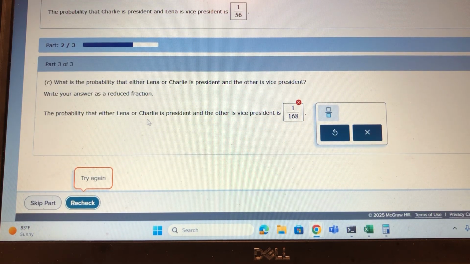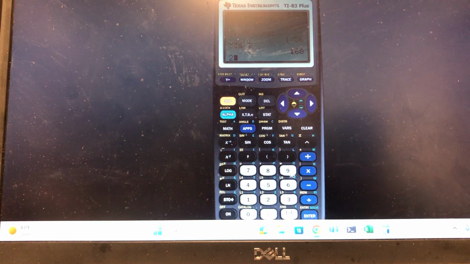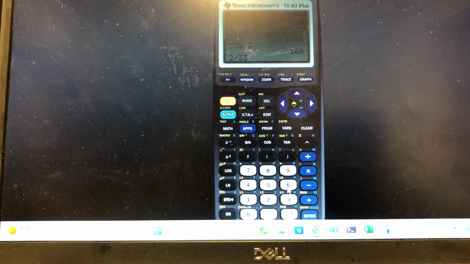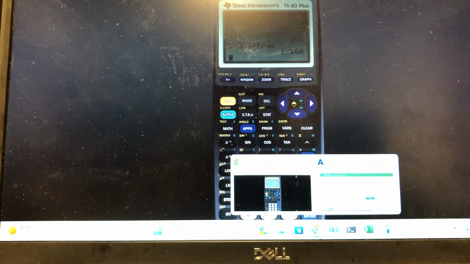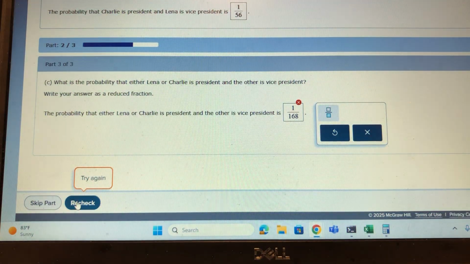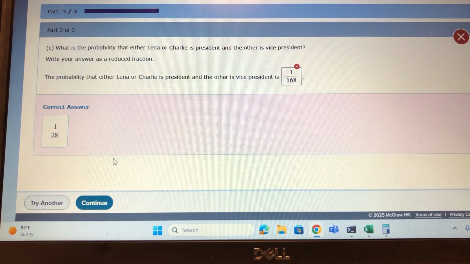Okay, either Lena or Charlie is president and the other is vice president. It should be 2 out of 336. Math, enter, enter, is 1 out of 168. One out of 28.